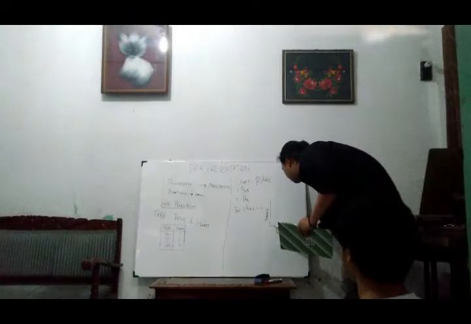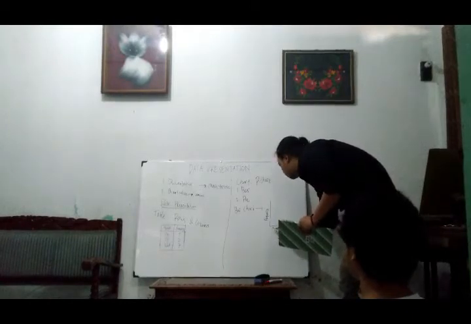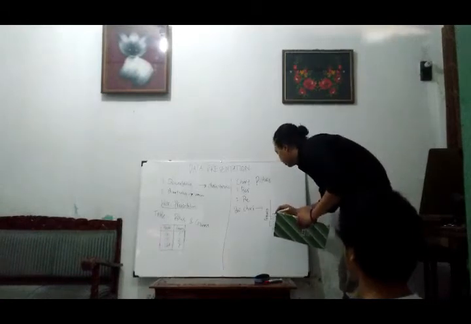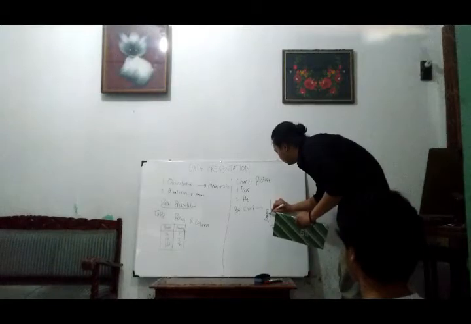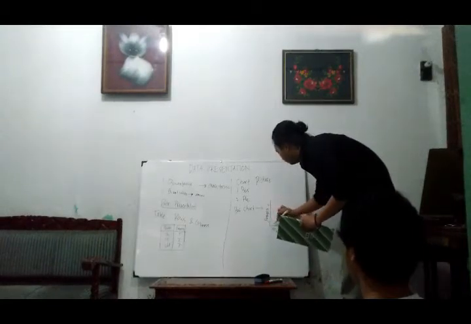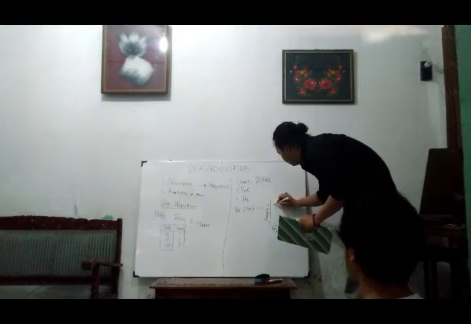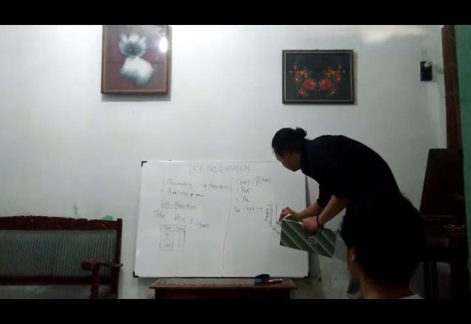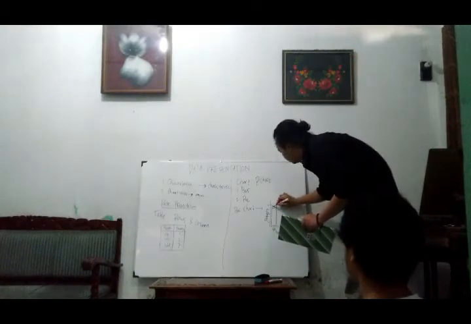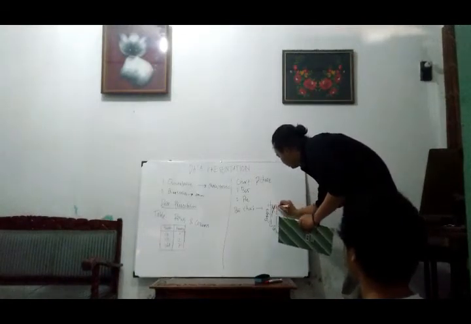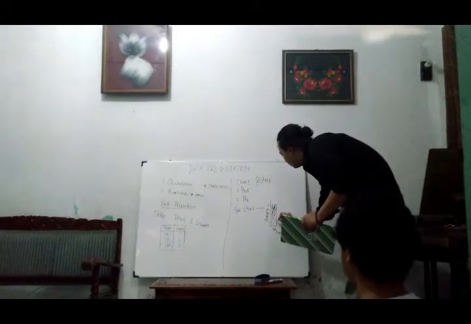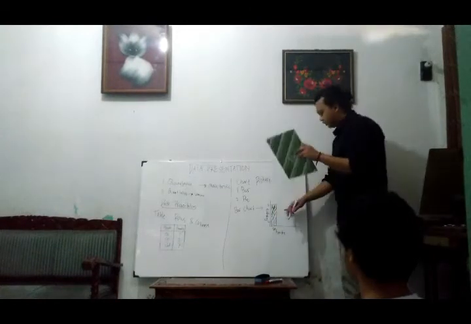For example, here, height 160, frequency is 7. Then here, draw the rectangle like this.